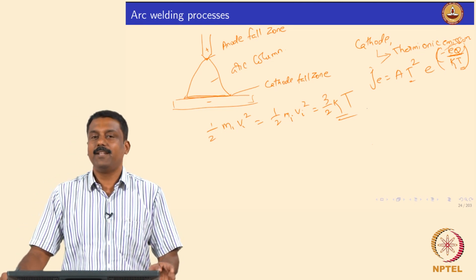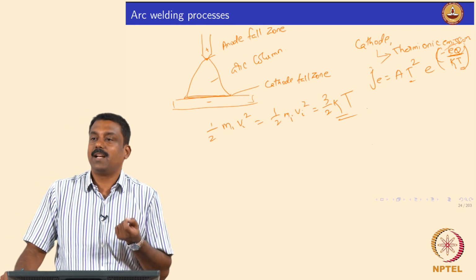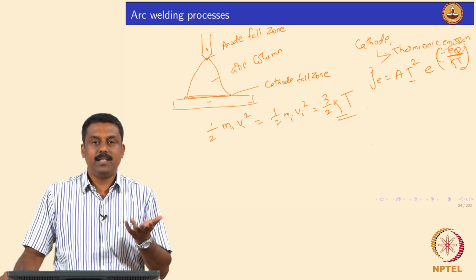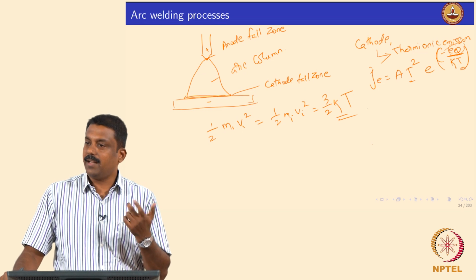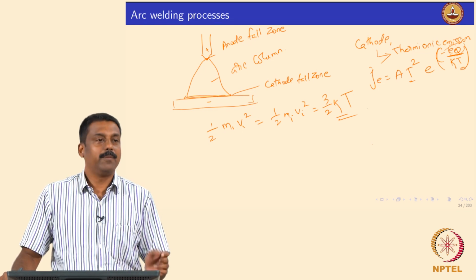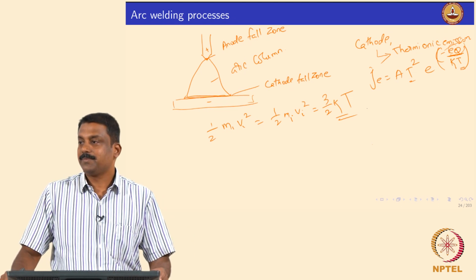But it is not always the case, because the electrons carry very low mass compared to the ion. An ion is nothing but a gas atom that has one or two electrons fewer than the complete shell it used to have. So, the mass of the ion is much higher than the electrons.